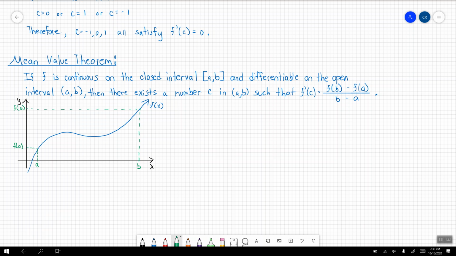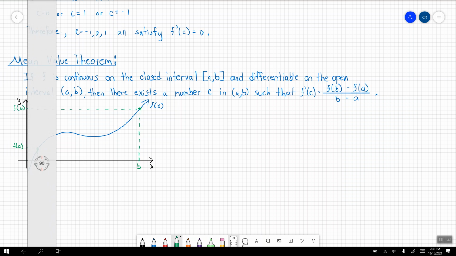And this difference that we're looking at, the change in the output divided by the change in the input. In other words, we're really looking at the slope of the secant line that is made by intersecting these points.